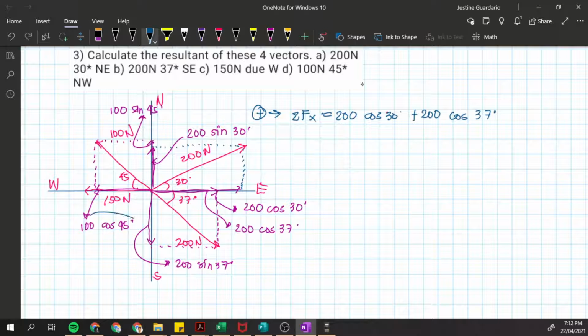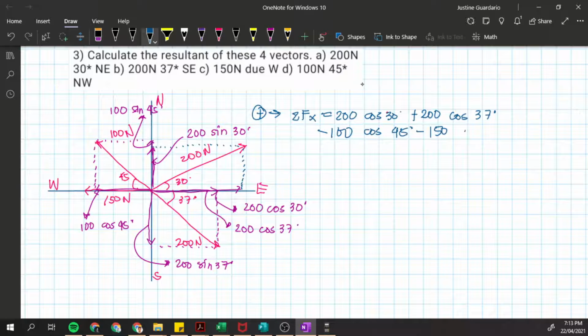We also have here a vector na ito, 100 cosine 45. And last one, we have a vector na, okay, so this should be negative 100 cosine 45 kasi nga, papunta na siya sa other opposite direction, okay? Kasi di ba sabi natin lahat ng papunta dito is positive. Therefore, itong 100 cosine 45, since yung line na to is papunta sa west, magne-negative siya. Same goes with our minus 150.